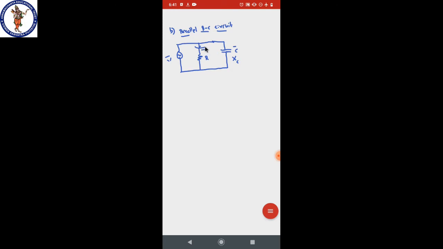Current will flow through resistor R as IR, and IC too. Now I will go for the phasor diagram.